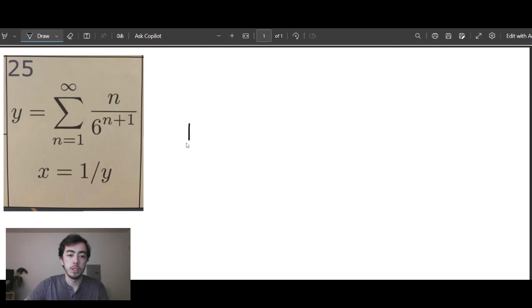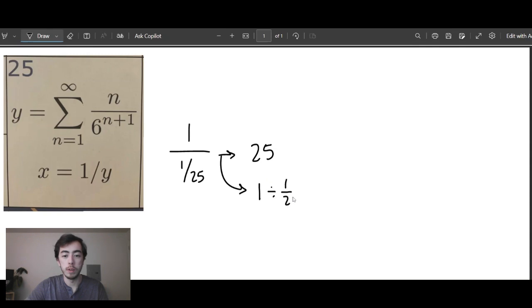And just to figure out what y should be, if I do 1 over 1/25th, this is asking how many 25ths fit into the number 1, or in other words, just 25. You could also think about doing some fraction division, where if you do 1 divided by 1 over 25, you change this to multiplication and find the reciprocal or the flip of the last fraction, you get an equivalent expression.